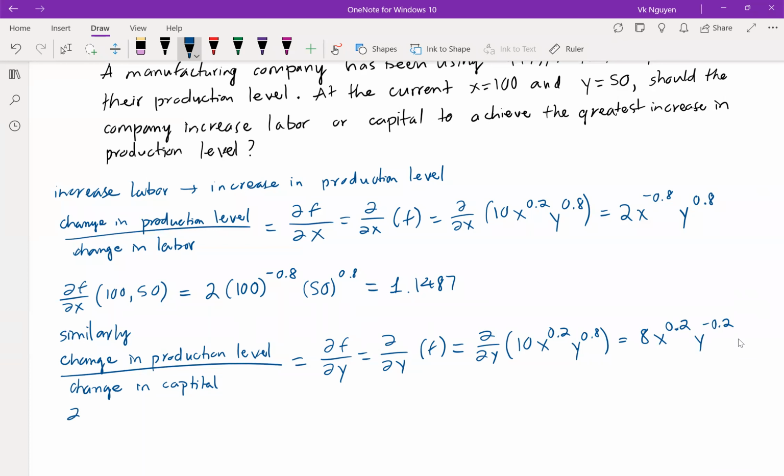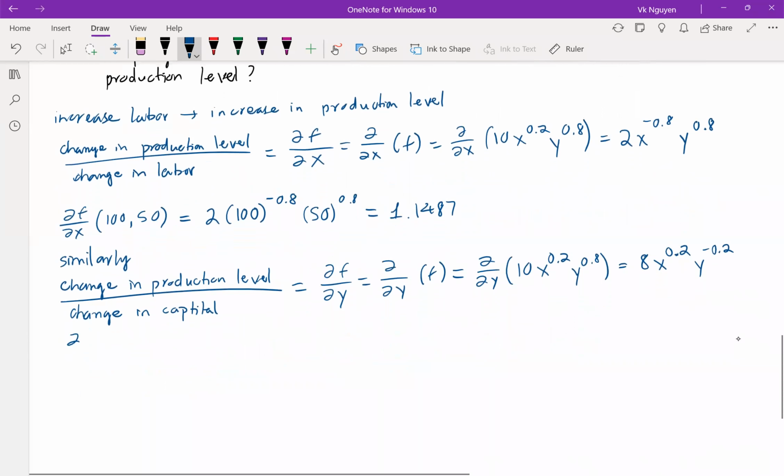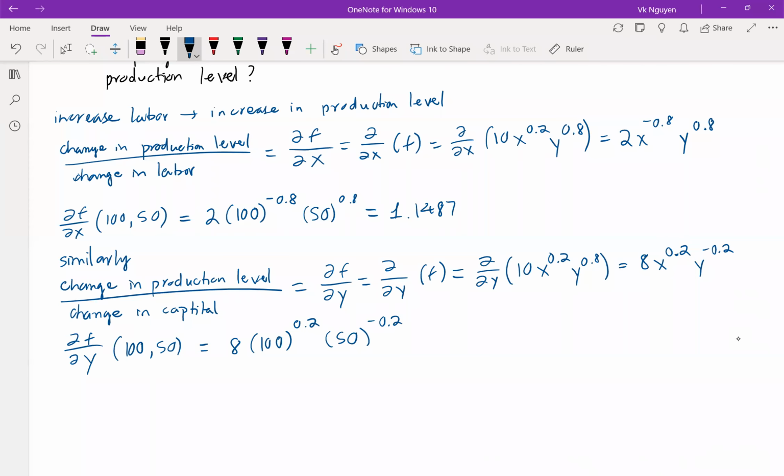And then we're going to evaluate this at (100, 50): 8 times 100^0.2 times 50^-0.2.